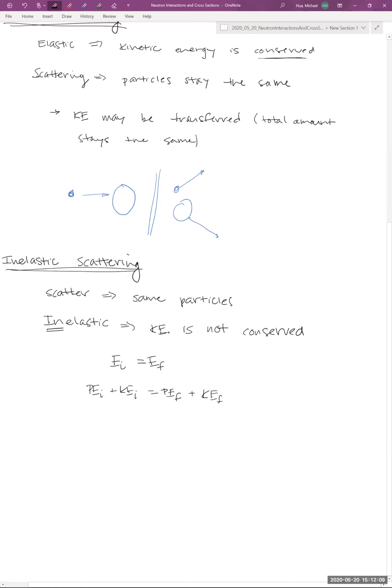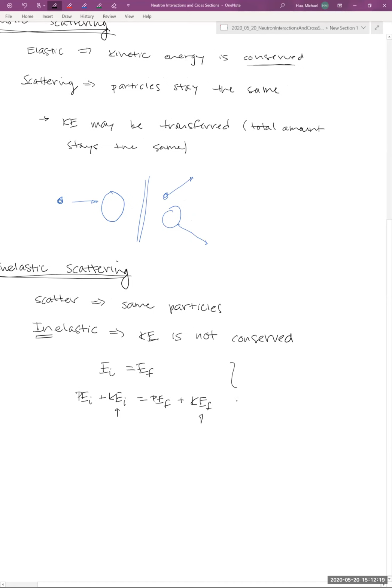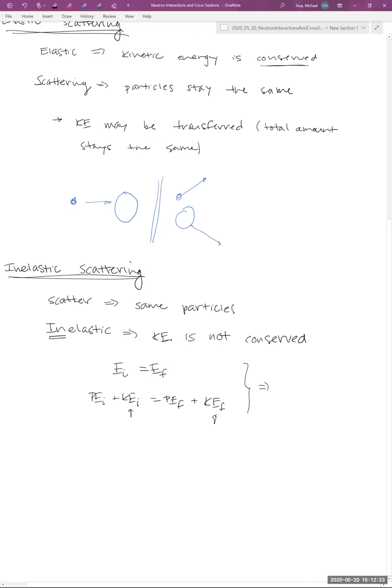So if the kinetic energy is changing between initial and final, it means that the potential energy is changing as well. For people who are familiar with Q values, this interaction, in a sense, has a Q value.